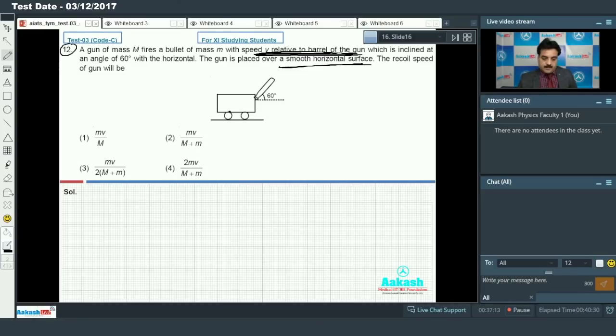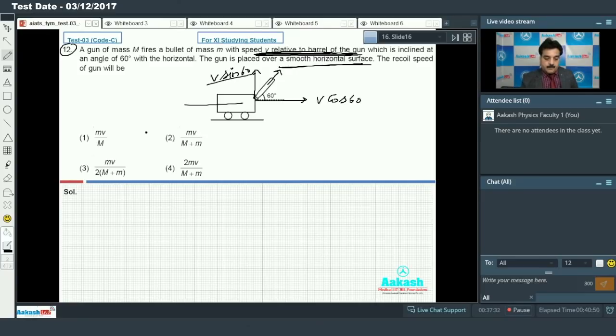This question we can solve by using the law of conservation of linear momentum. First I will resolve the components: v cos 60 and v sin 60.